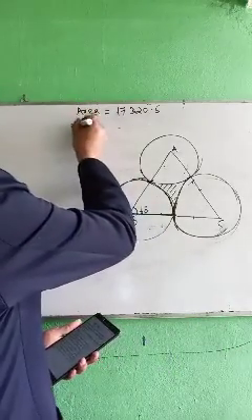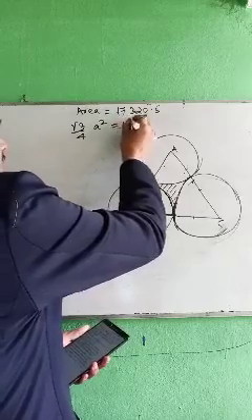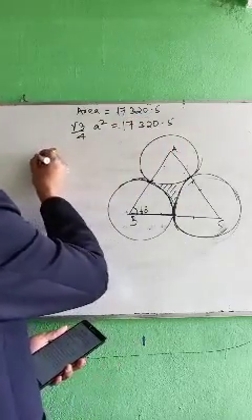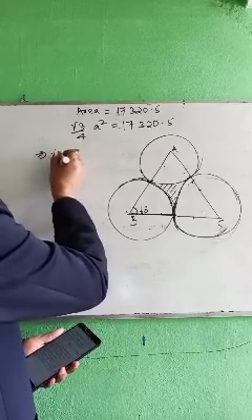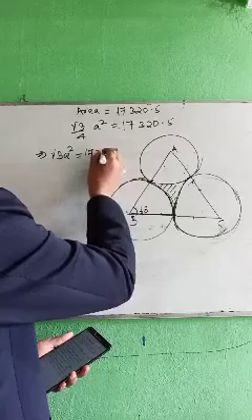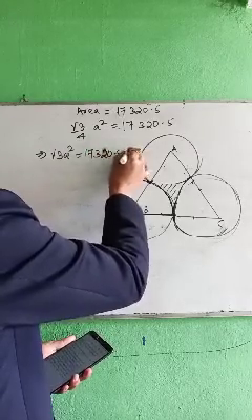What is area formula? Root 3 by 4 a square. 17320.5, that implies root 3 a square equals to 17320.5 into 4.